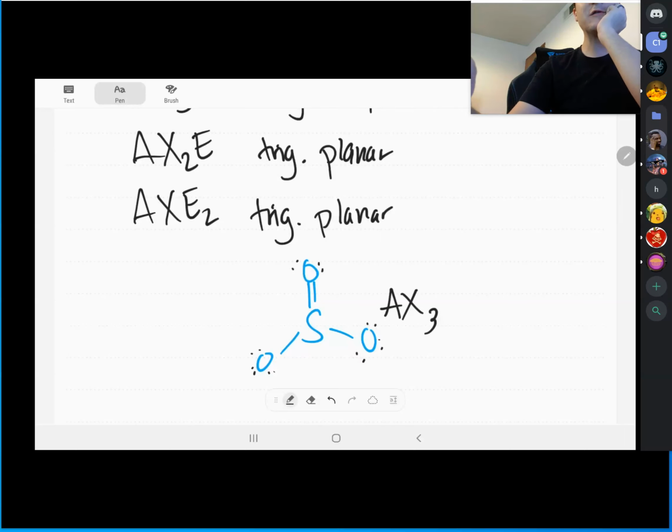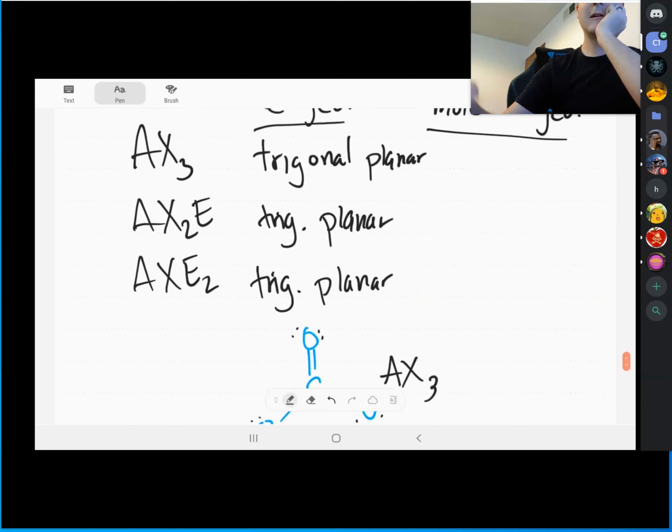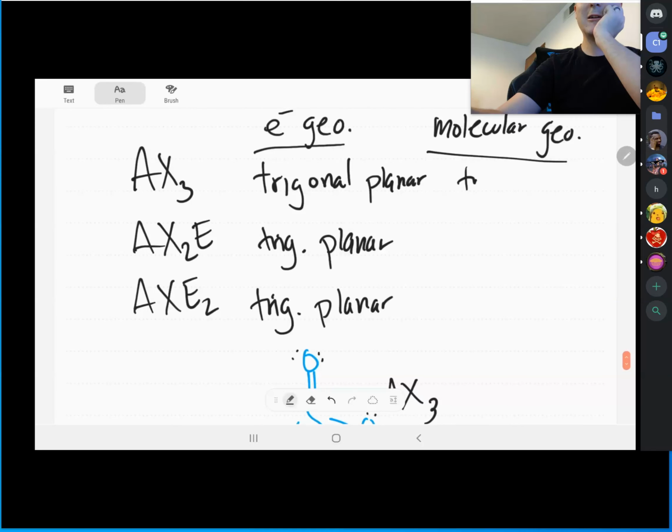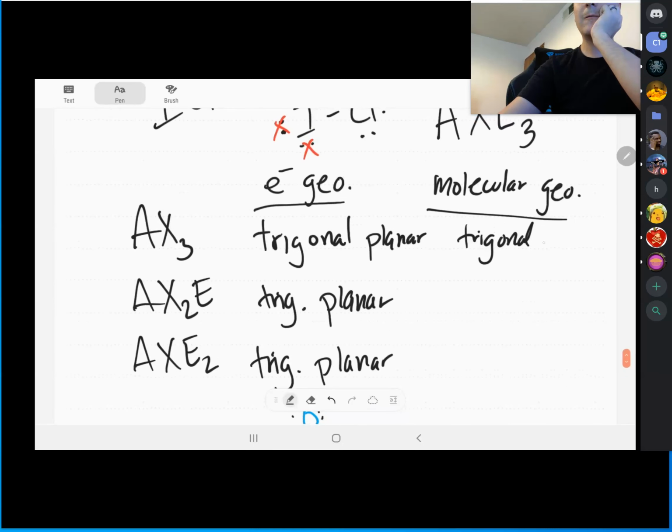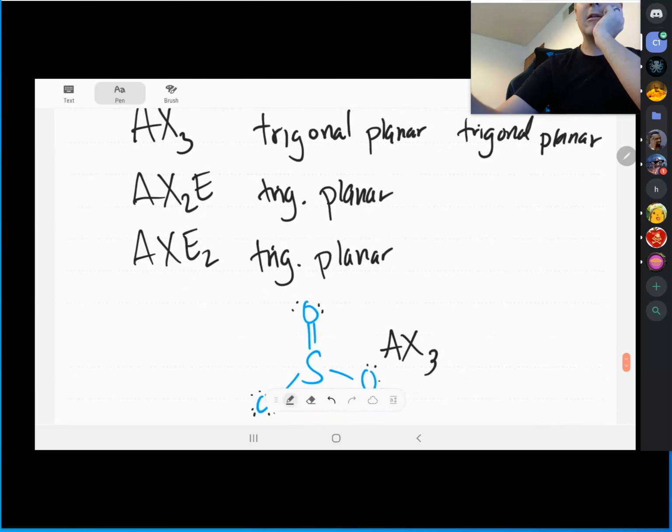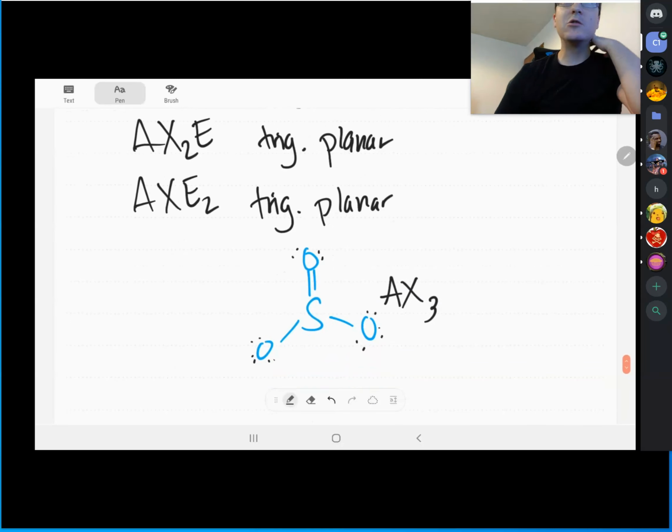Lone pairs on sulfur? None. Yes, very good. So, this is also going to be trigonal planar. Remember, if you do not have planar, oh god, that's hideous. Planar. Cool. Alright, remember, if you don't have lone pairs, your electron and molecular geometries are the same.